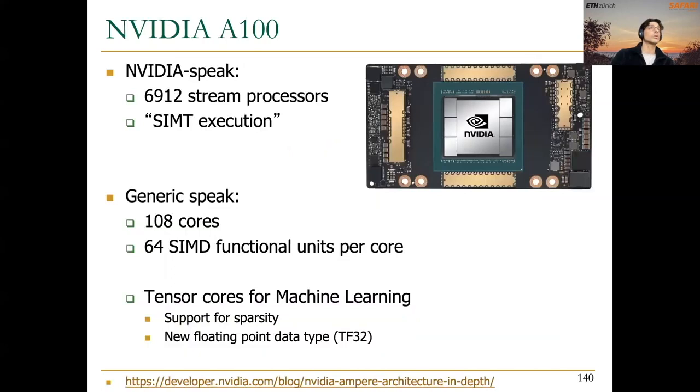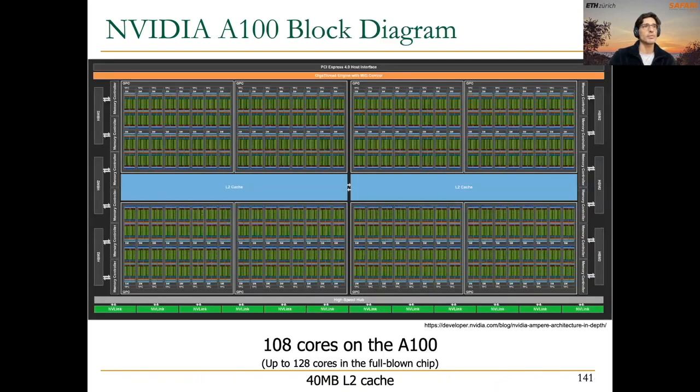And more recently, regarding NVIDIA GPUs, the A100 was launched last year. Essentially the same idea as the previous generation, but now more powerful, with more support for machine learning workloads, even some support for sparsity. It's even a larger die with more cores, 108 cores in the most powerful GPU so far.